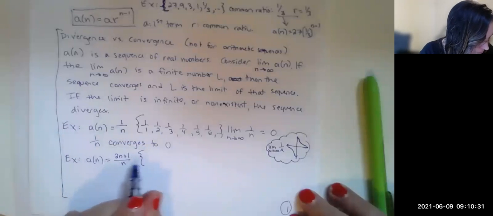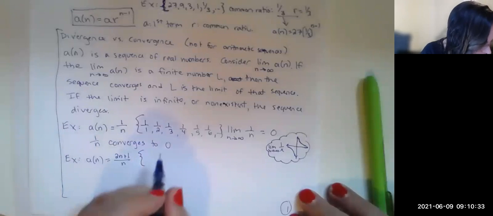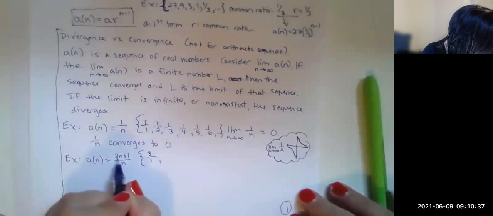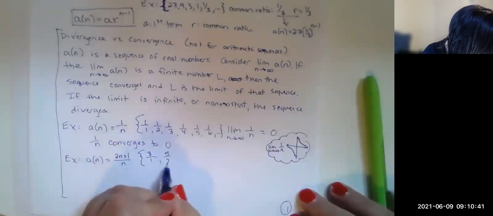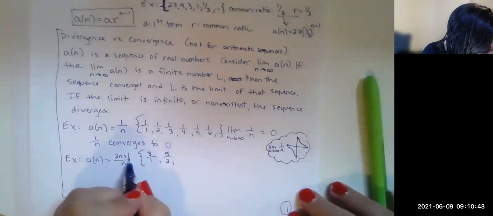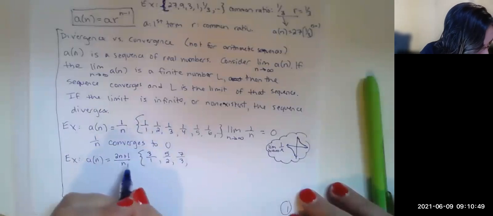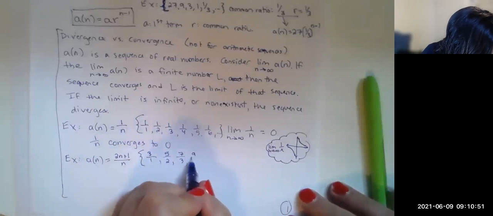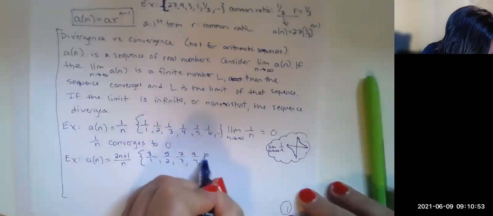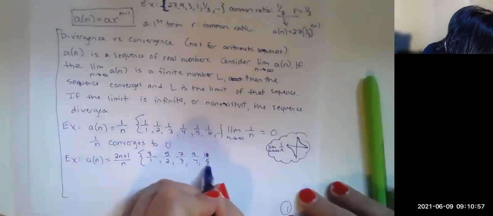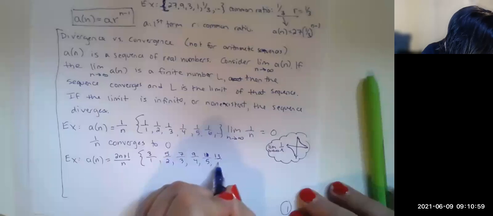The first term would be 2 times 1 plus 1, so that's 3 over 1. Then 2 times 2 plus 1, that's 5 over 2. Then 2 times 3 plus 1, that's going to be 7 over 3, right? And then we'll just keep going. 9 over 4, 11 over 5, 13 over 6.